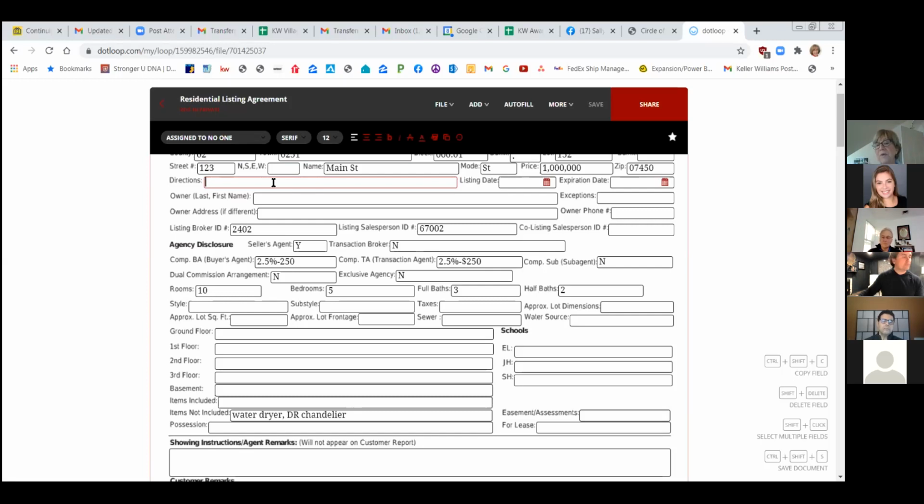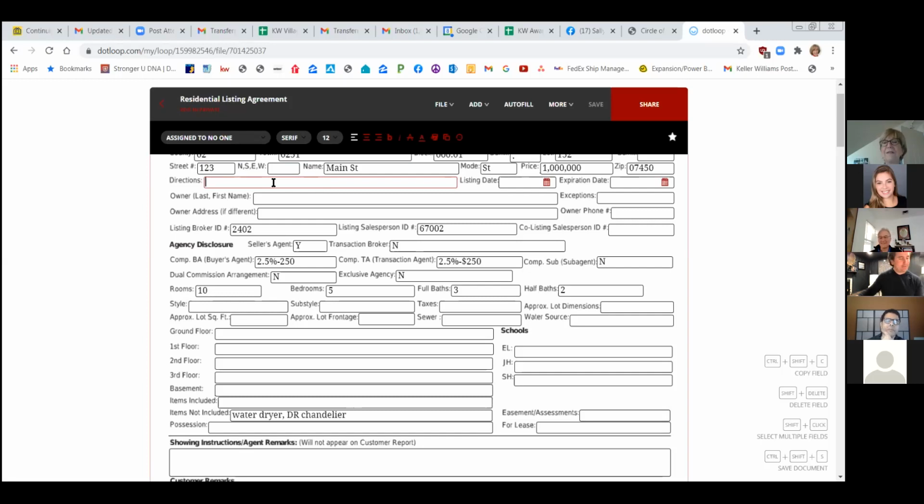I realize most people have a GPS at this point in time, but still not everybody does. So it's just a good practice. One of my pet peeves is when a realtor, I would say a lazy realtor, writes GPS for the directions. I just don't go for that. I think it's unprofessional.